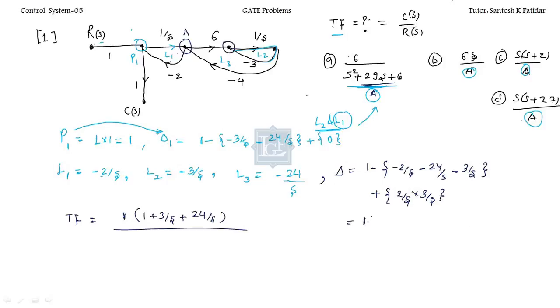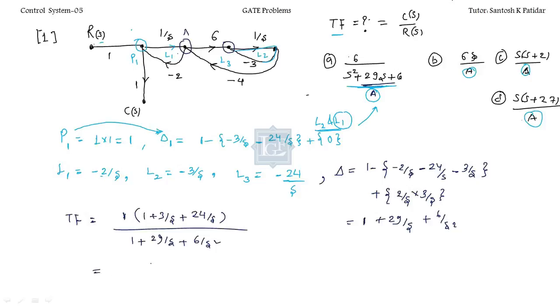So finally you have 24, 27 and 29. So it will be 29 by S plus 6 by S square. So this is your delta. You'll put over here 29 by S plus 6 by S square.